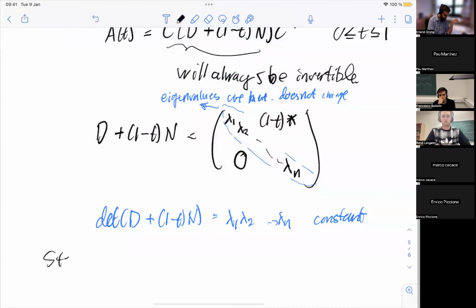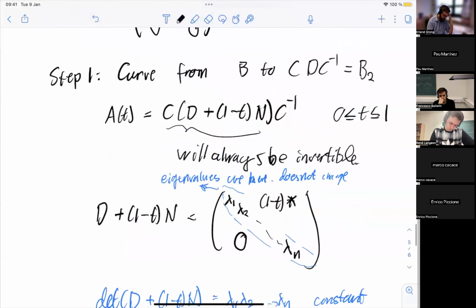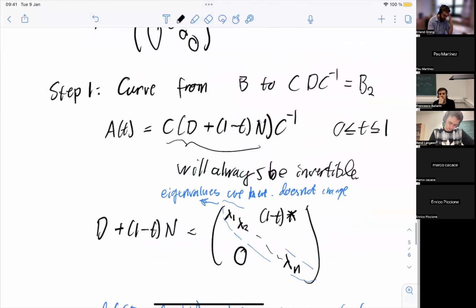And then step 2 is that I can define another curve, A2 of t. So now we're down to this diagonalizable part here.